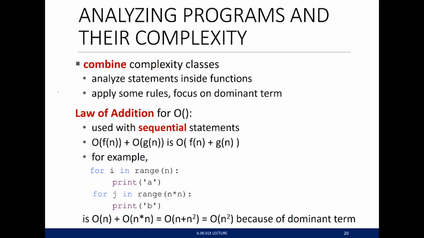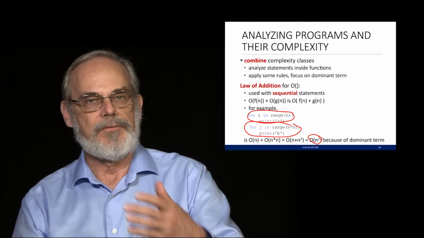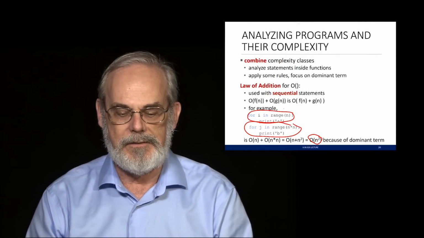The overall order is order n plus n squared, and as a consequence, the law of addition says that the order I want is just n squared because that's the dominant term. It says I can add up the complexity in order to do the analysis. And that makes sense. This is going to take much longer than that as n gets really big. So I've got a law of addition for analyzing these pieces.